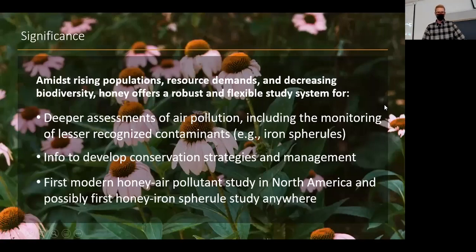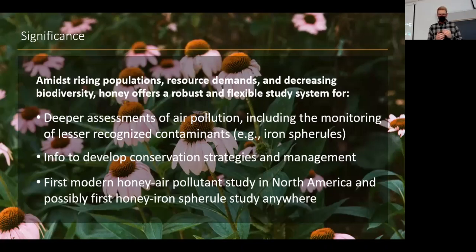So amidst rising populations, resource demand, and decreasing biodiversity, honey offers a robust and flexible study system that can provide a deeper assessment of air pollution, including the monitoring of lesser recognized contaminants like these iron spherules. It allows us to develop conservation strategies and management from these things.